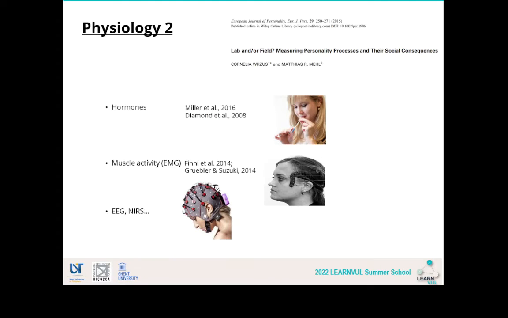Anyway, in physiology you also have different things, such as hormone level, okay, so you spit in a tube every morning or something like this, and complete a self-report, and you can look at the relationship between hormone level and different activities or behavior or thoughts or cognition, etc. Muscle activity, and if you're going around with this kind of device, it might look weird, but it is possible, I would say.